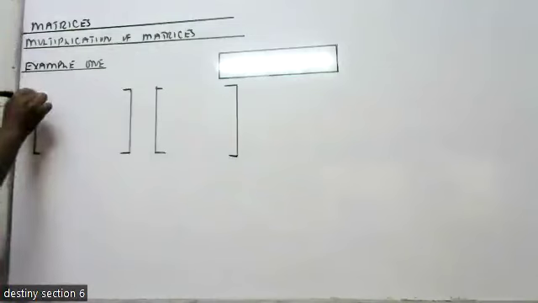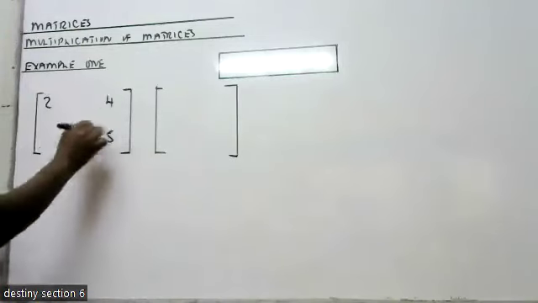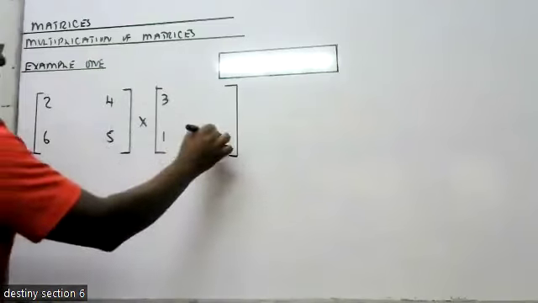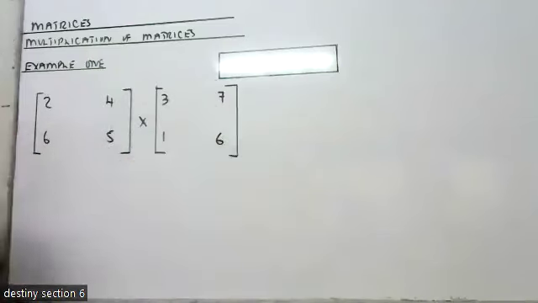You are given 2, 4, 5, 6 times 3, 1, 6, 7. We are told to multiply those matrices.